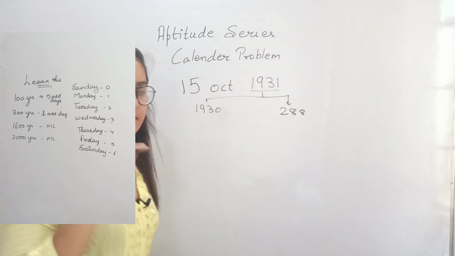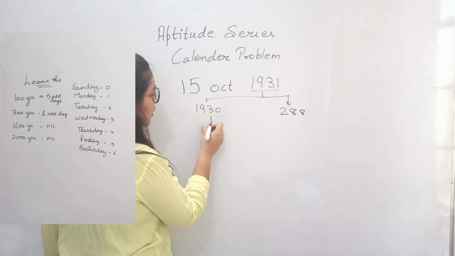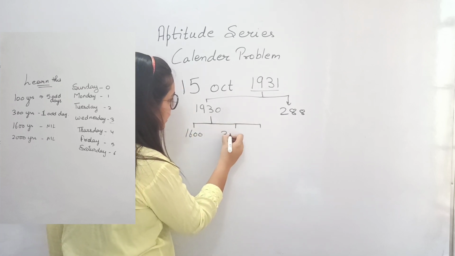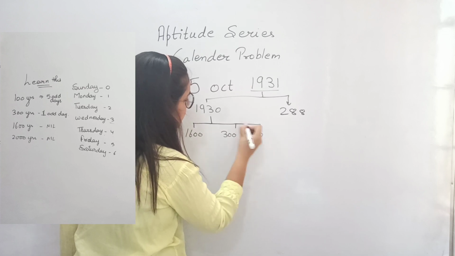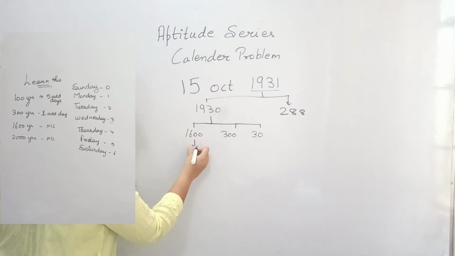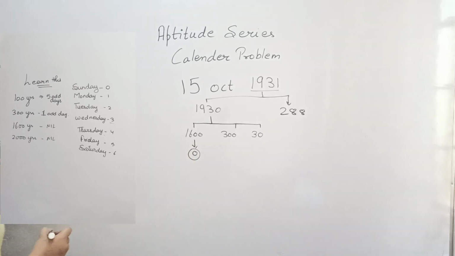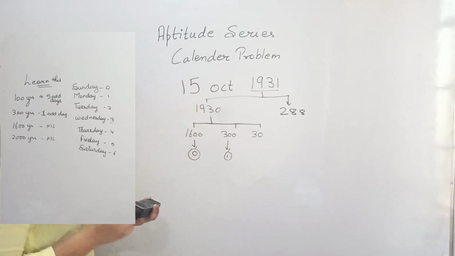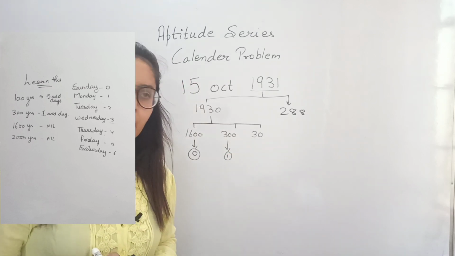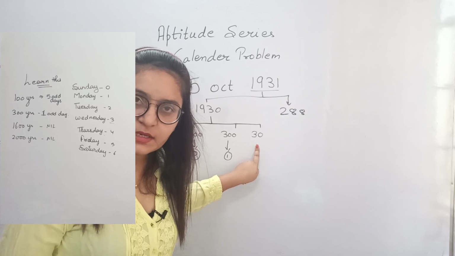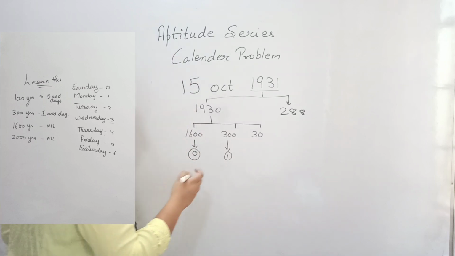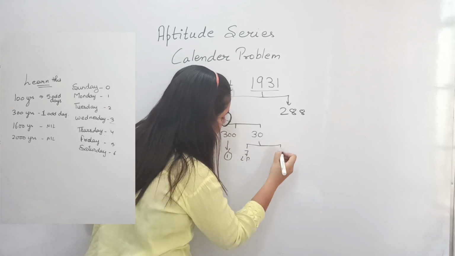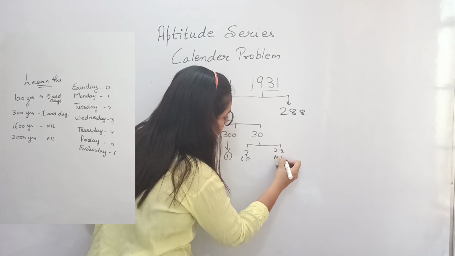It is 288 days. Now I will divide this 1930 into 1600, 300 plus 30. For 1600, 0 odd days, and for 300 it is 1 odd day. And when I divide this 30 by 4 to get leap years, 7 are leap years and 23 are non-leap years.